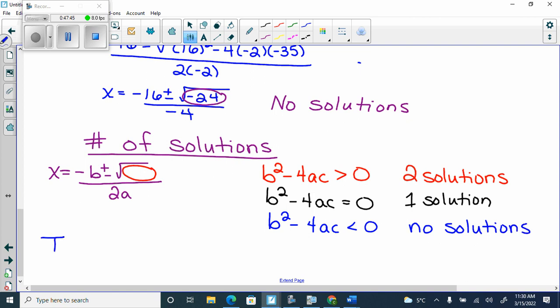The discriminant, which I said up top, is b squared minus 4ac. These are the same thing. So if I ask you what's the discriminant, you just give me b squared minus 4ac, fill it in, give me an answer. And that answer can tell me how many solutions really quickly, correct?